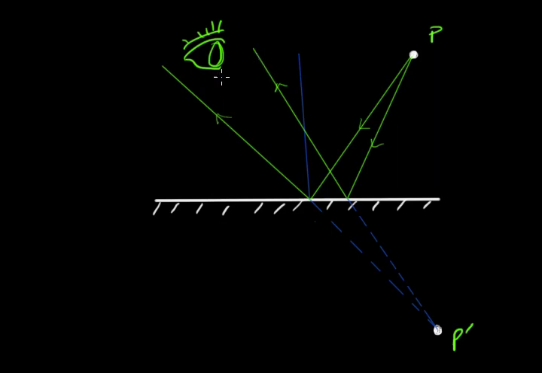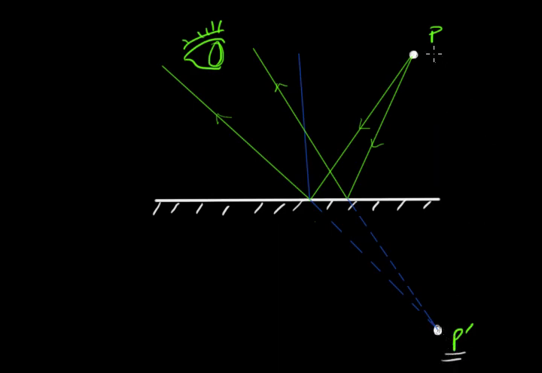The observer cannot trace the curved path of the light. That's why he observes the light, and it appears that the point is at this place, and the lights are diverging from this point P prime, not from P. This P prime point is not the actual point of the source.